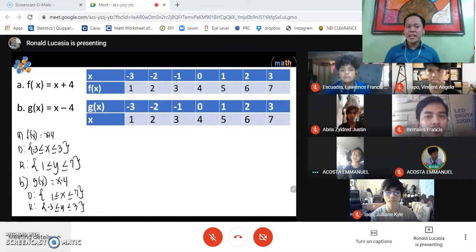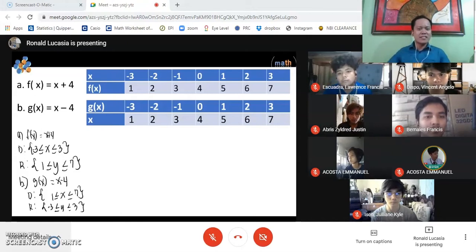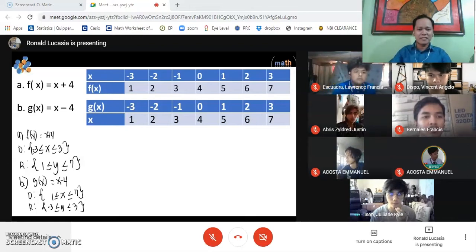Now, take a look at the domain and the range of the two given functions. What have you noticed? Julian, do you have some observation about the domain and the range of the two given functions? I have noticed that the domain of the first function is the range of the second function.